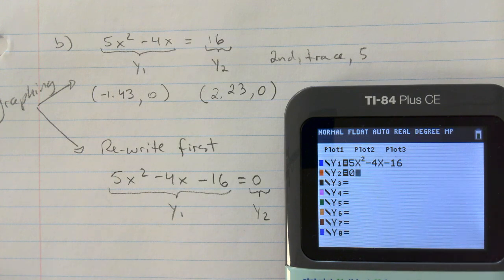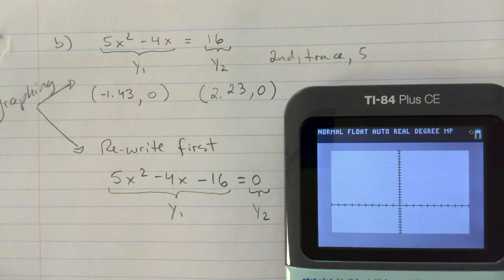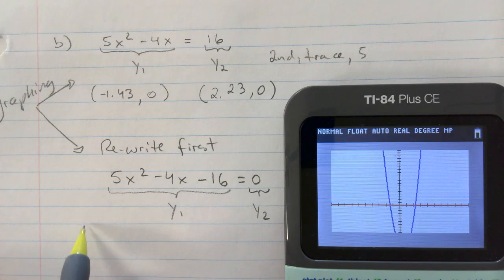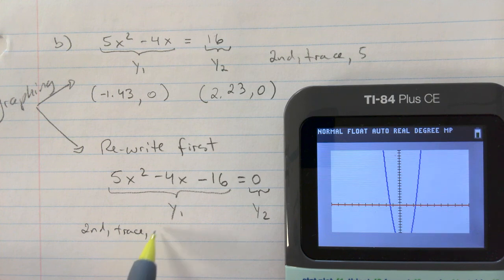Remember, that's how you find your x-intercepts. Hit graph, and there it is. Now you would say that looks like x-intercepts, right? So then you go second trace 5, just like before. And let's find them.